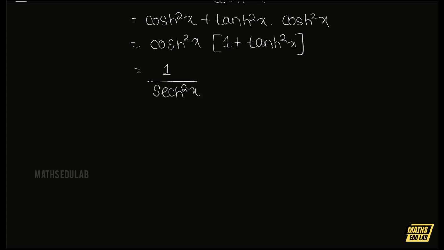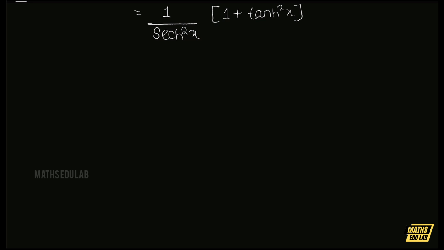That means cos hyperbolic square x, then 1 plus tan hyperbolic square x. We can change this sec hyperbolic square x as 1 minus tan hyperbolic square x by using the identity sec hyperbolic square x plus tan hyperbolic square x is equal to 1.